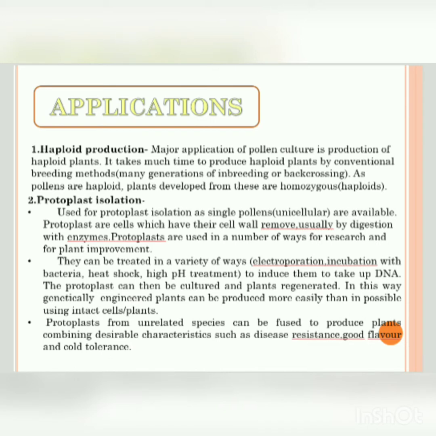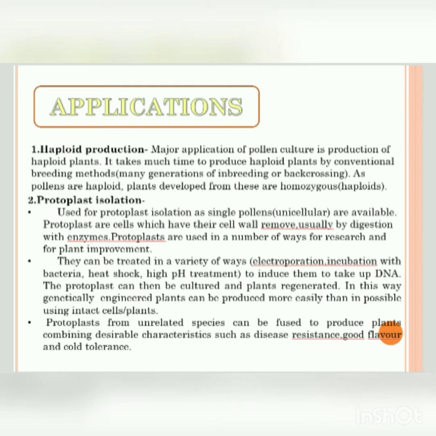Okay, here the digestion by enzymes is involved, as a result the cell wall is removed. Then these protoplasts are used in a number of ways for research and for plant improvement, as it is included in the application of the pollen and anther culture.